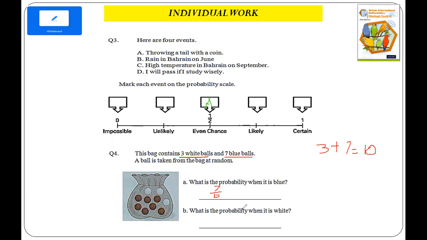What is the probability when it is white? We have 3. So 3 out of 10. That's it. So this is how to write the probability as a fraction using the probability scale. So 7 out of 10 will be over here. It's already more than half, so it will be likely.